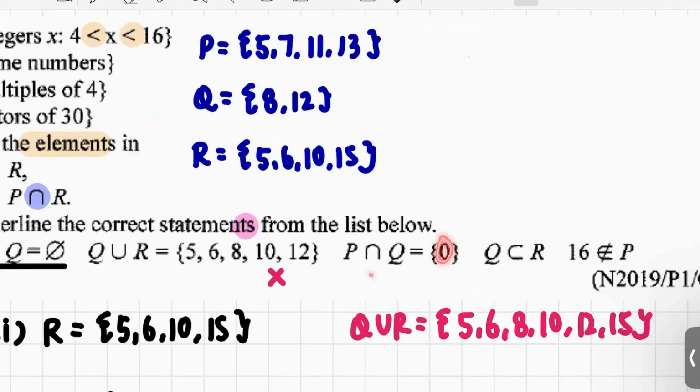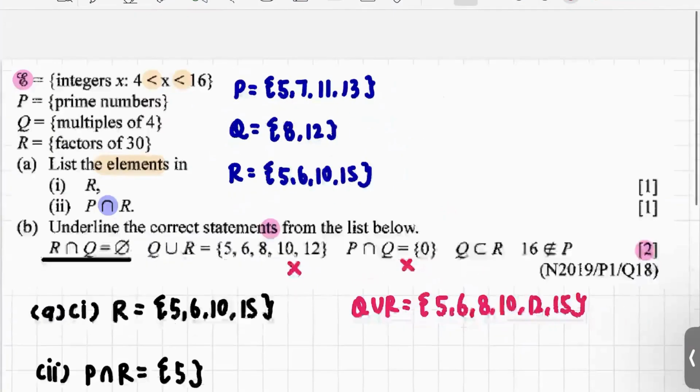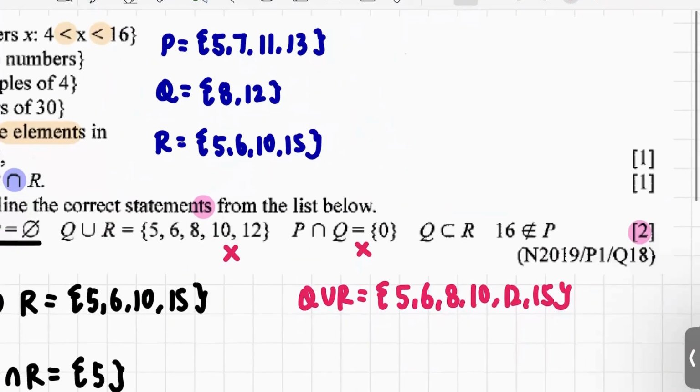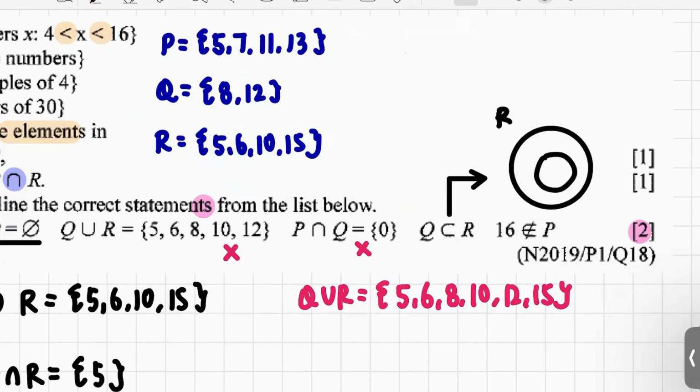What does this mean? That means P union Q has a number 0 inside. But you check over here, 0 is not even part of the universal set. So this one is definitely wrong. Next, Q is a proper subset of R. What they're trying to say is that, let's say this entire thing is R, and then your Q is inside.